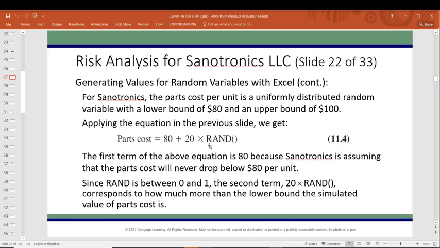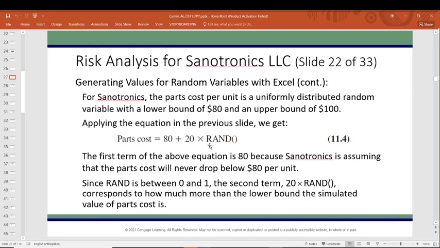Because rand is between 0 and 1, the second term, 20 times rand, corresponds to how much more than the lower bound the simulated value of parts cost is. Because rand is equally likely to be any value between 0 and 1, the simulated value for the parts cost is equally likely to be between the lower bound, 80 plus 0 equals 80, and the upper bound, 80 plus 20 equals 100.